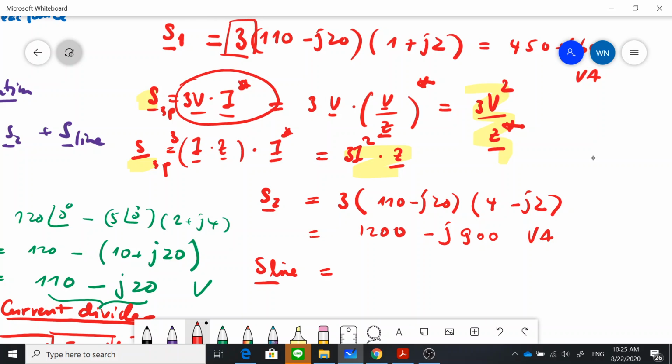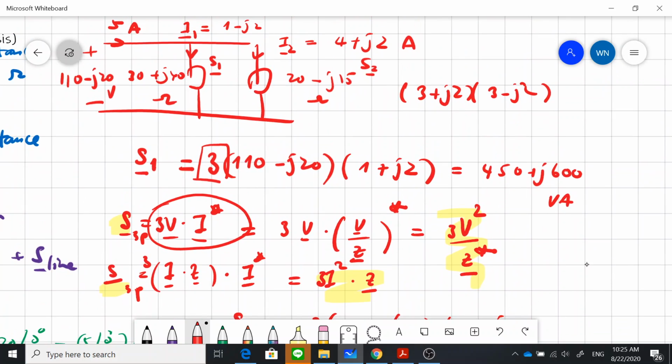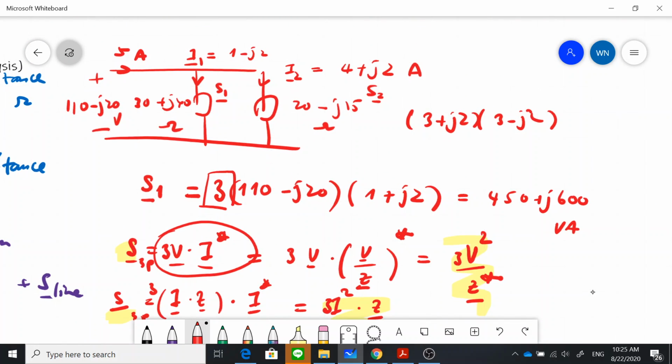Now, the current flowing through the line is 5 amps. So this is the impedance here. What was the impedance? 2 plus J4. The current flowing with the amplitude of 5 amps flows through this impedance.